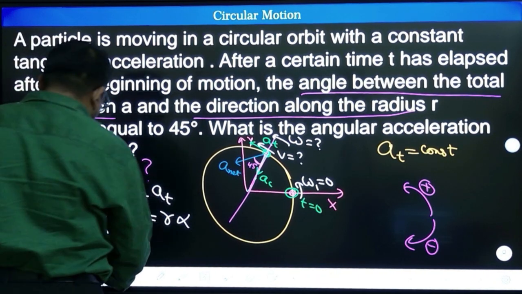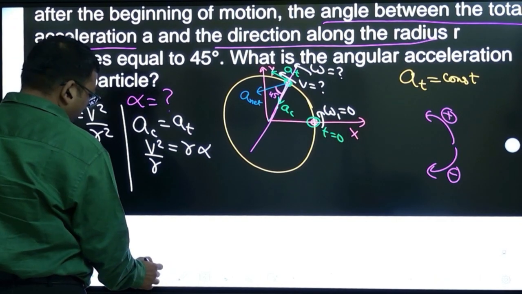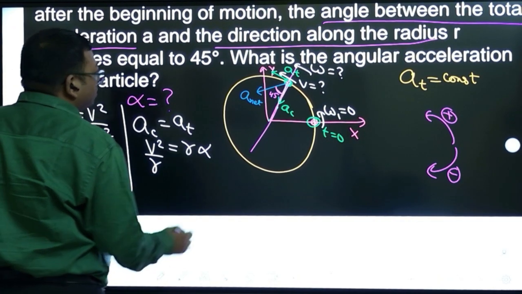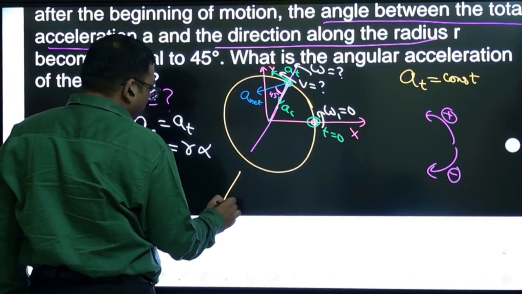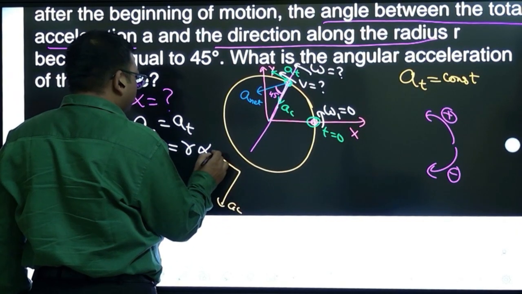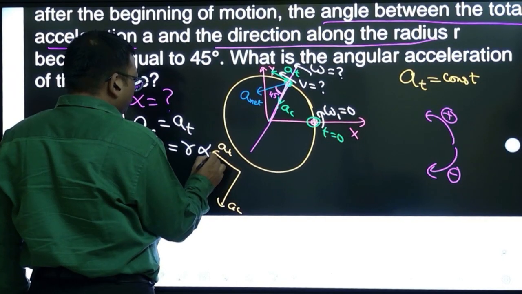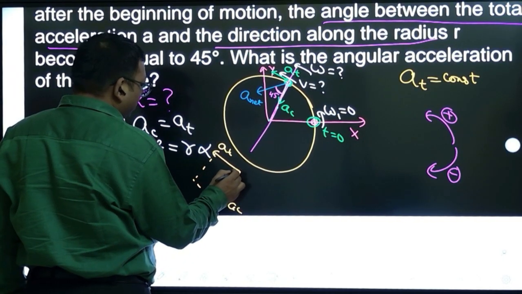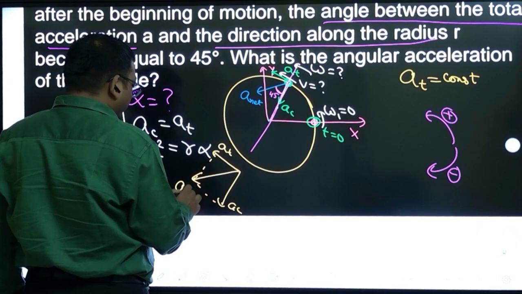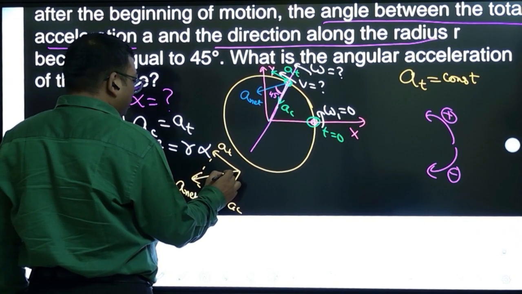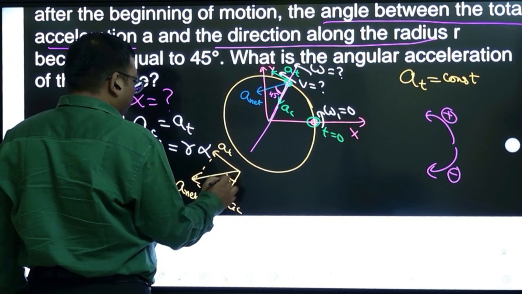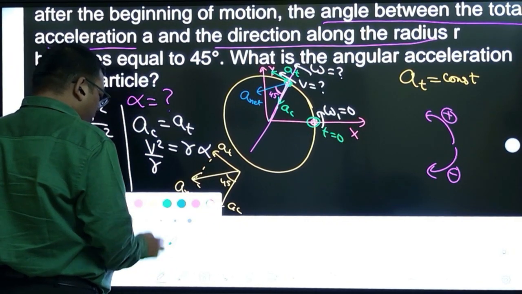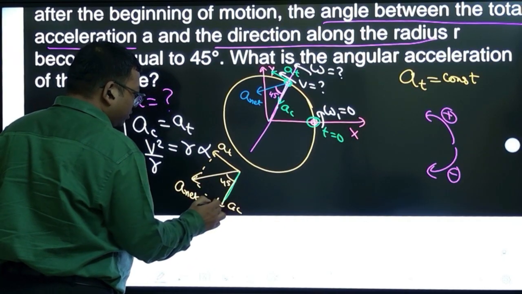This is vector addition. Suppose this is centripetal acceleration, which is towards the center, and this is tangential acceleration. The resultant of this is the diagonal, the net acceleration, and this angle is 45. How do you calculate it?